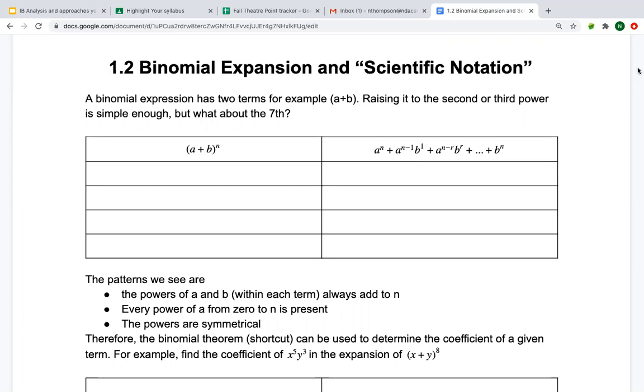So for example, let's just look and see if we can figure out a pattern. First, if we have a plus b to the first power, I know this one seems really straightforward, but we would just have 1a plus 1b. Super simple, nothing new.